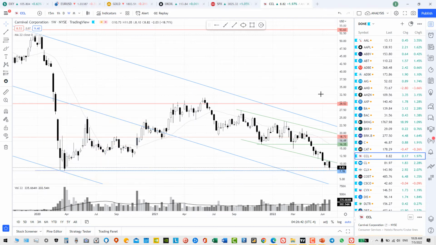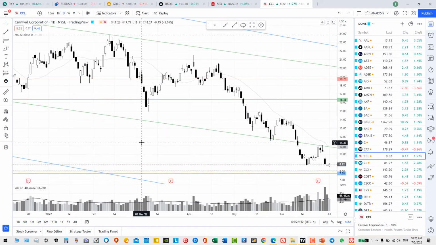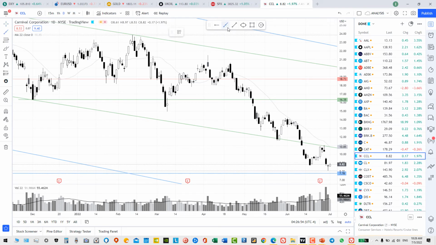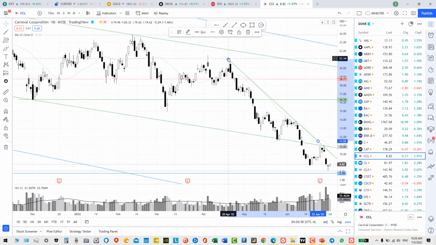Now let's jump to the short-term details over the daily chart. Here we can see that over the daily we still do have a very strong downtrend over the very short term, which we can say is just the latest move to the downside, also under selling pressure.